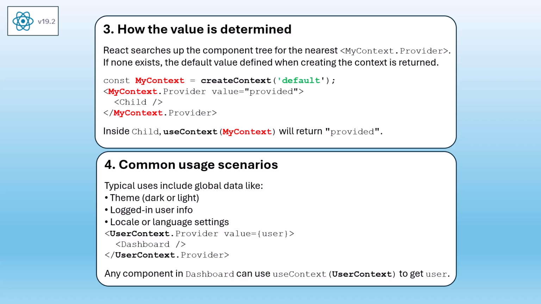4. Common usage scenarios. There are several practical situations where this hook is useful. When you need to pass data from a top-level component deeply into many nested children without passing the data explicitly through each intermediate component. When that shared data may change over time, such as a theme setting, a user's authentication status, or global settings.